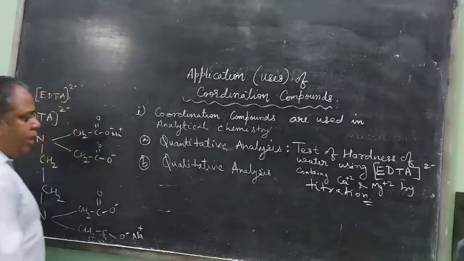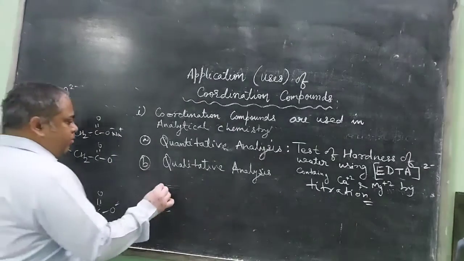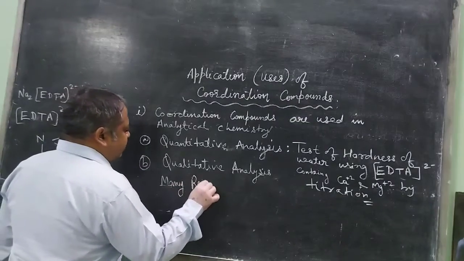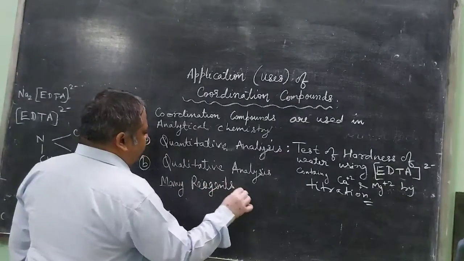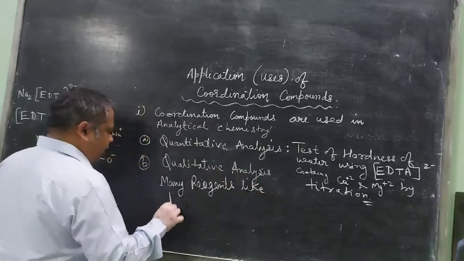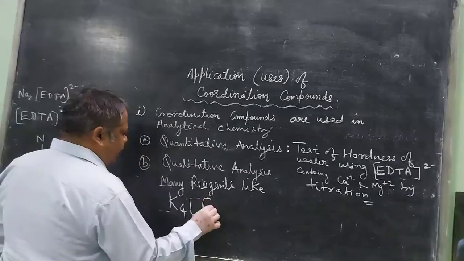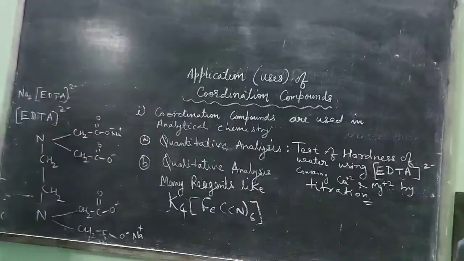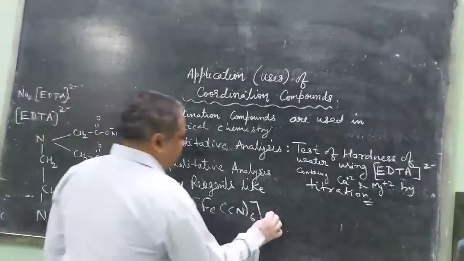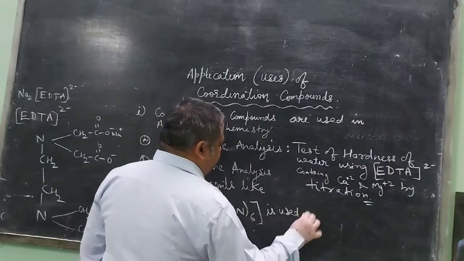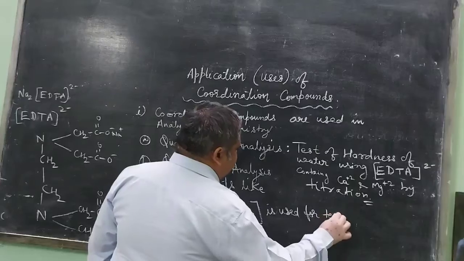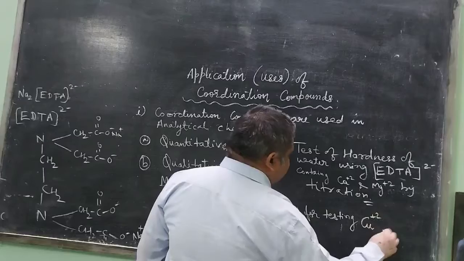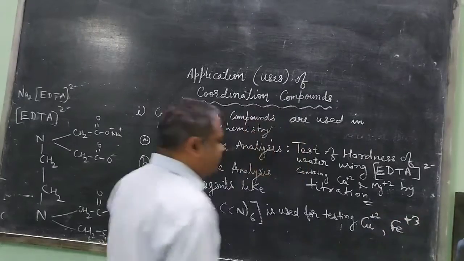Now next is qualitative analysis. Many reagents like K4[Fe(CN)6] are used for salt test, for testing or confirmatory test of Cu2+, Fe3+.